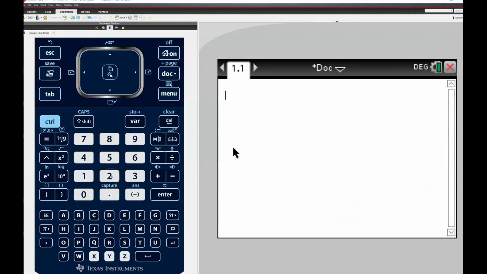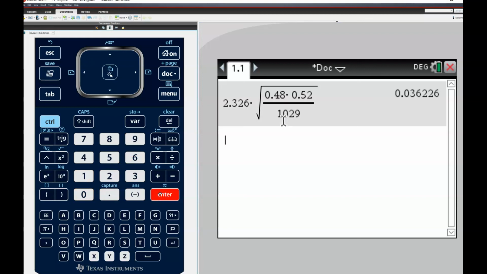I normally do the margin of error in one step, so it would be 2.326 times control square root. I do control division, and I would enter 0.48 times 0.52 and over the 1,029. And I got 0.036.